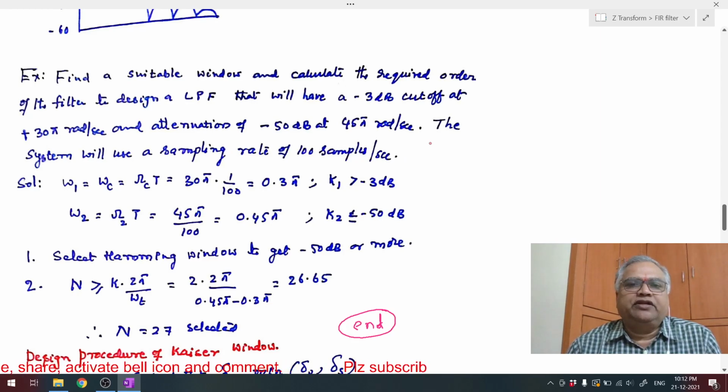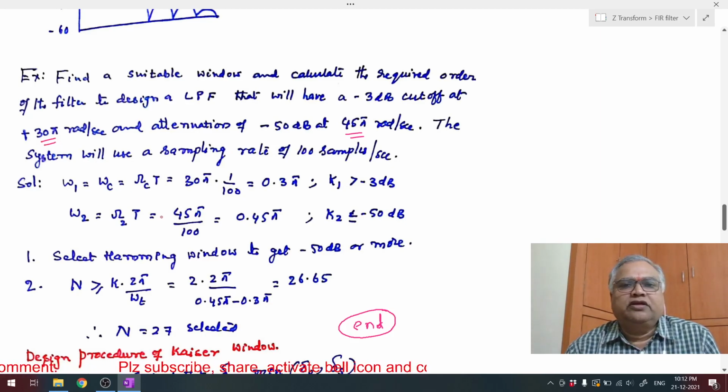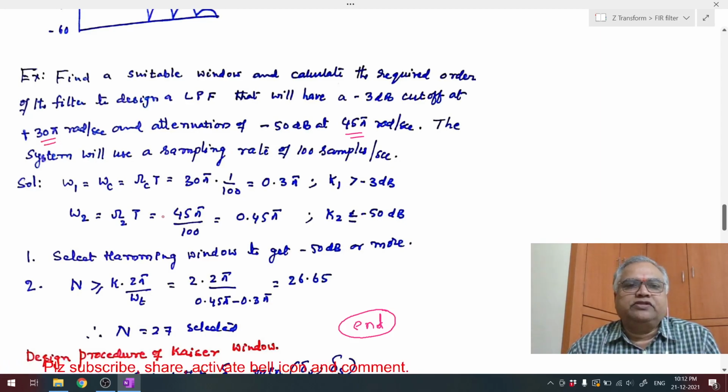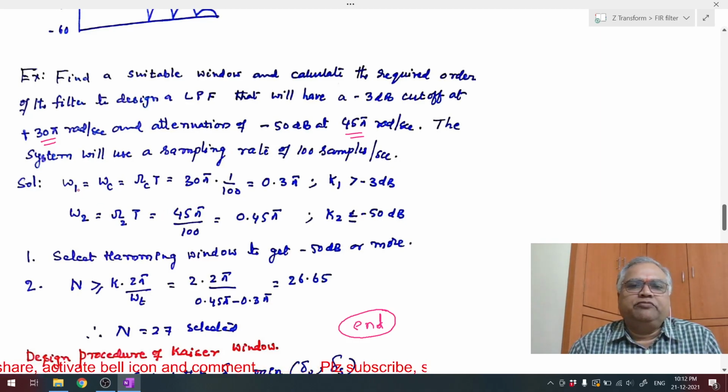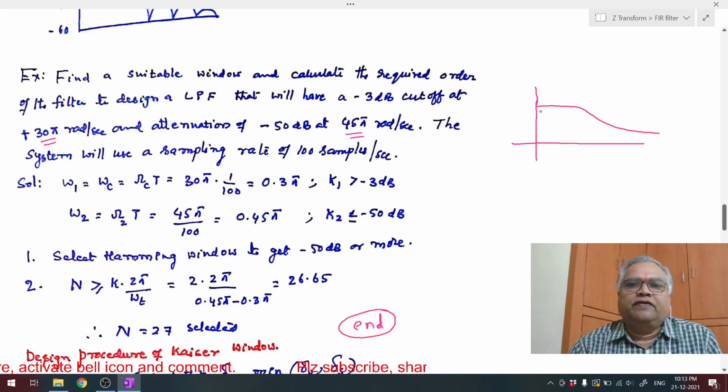So what is the data given? 45 pi and here 30 pi. Remember, they are given in analog. Digital frequency is always at maximum up to pi, so convert them into digital frequency. Always remember and draw the characteristics. It is something like this, and this is minus 3 dB.